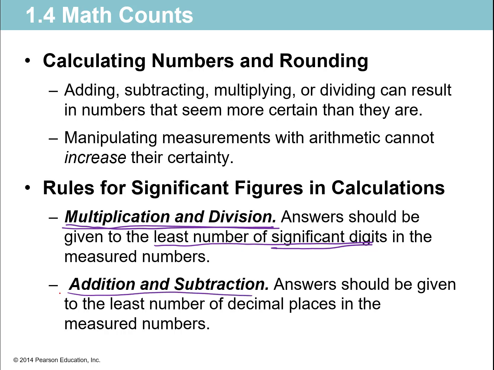So they work different. Sometimes it might be the ones place. You might not even have a decimal, so you just round to the nearest whole number. But maybe they share the tenths. Maybe you add 3 numbers and one of them at the smallest decimal is a tenth, so then you would round there.